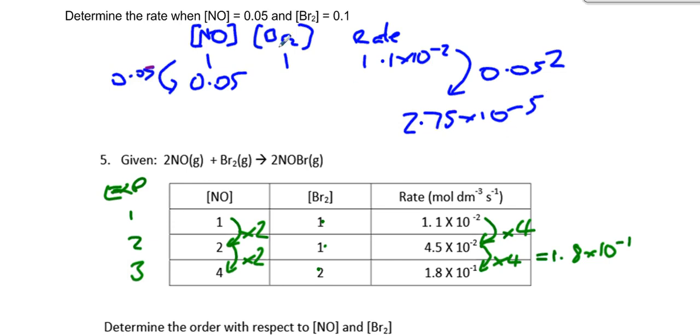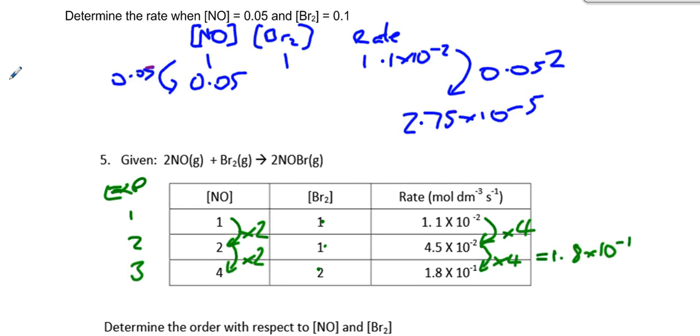Okay, so there we're ignoring the bromine because it's zero order. Again, I'm just saying, okay, well, this change in rate here, we've got a decrease, but still, what do I times 1 by to get that 0.05? And it is 0.05. And so I've got to square that value and then times it by rate because it's a second order reaction. And I get the answer there.